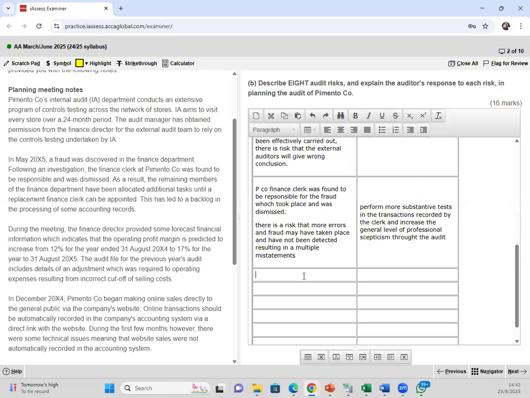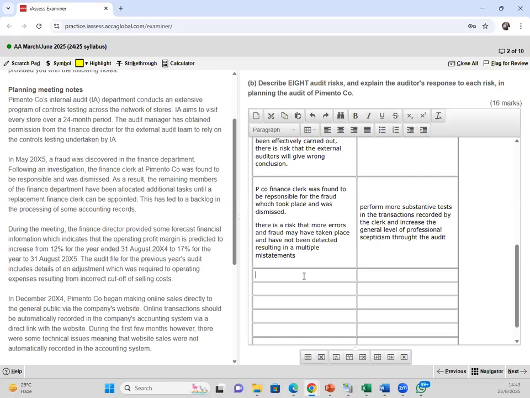So it means the prior year auditors requested that the company should make an adjustment for cut-off, because they had recorded selling expenses in the wrong period. So with that in mind, what risk am I thinking of here?